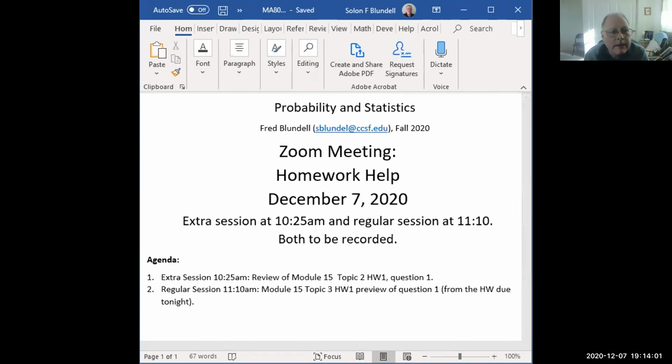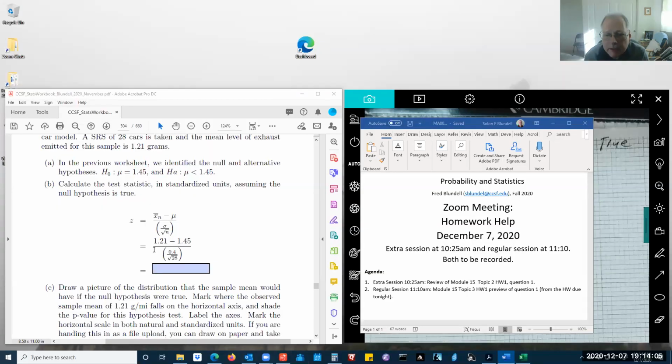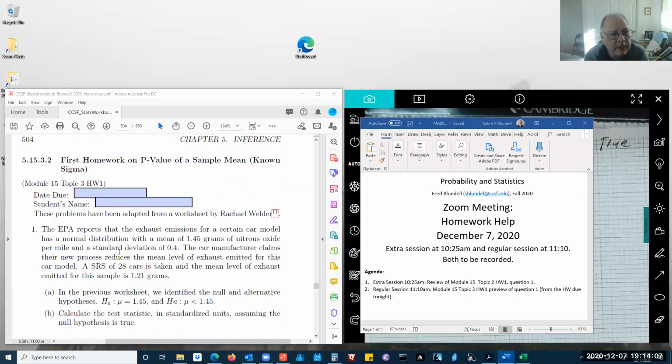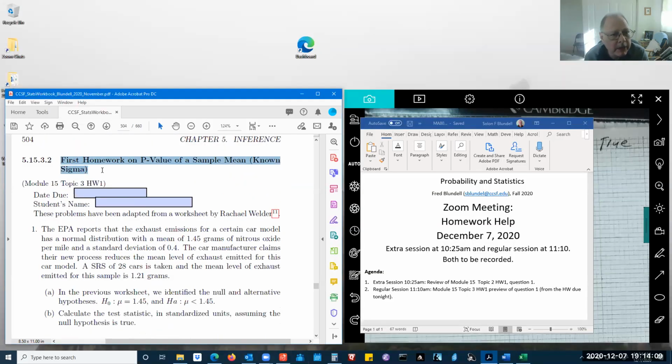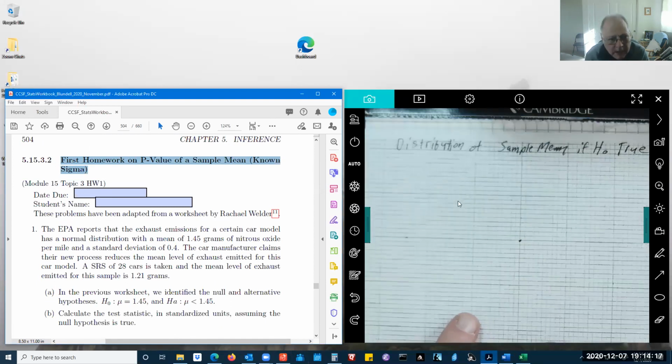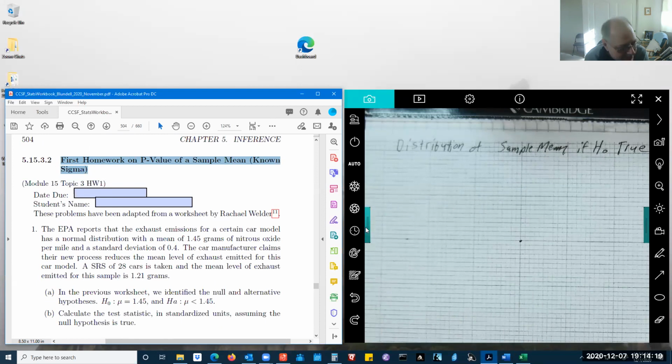So let's jump over here to tonight's homework, Module 15, Topic 3, Homework 1, this item here in the workbook. And it's back to this same problem about the Environmental Protection Agency.